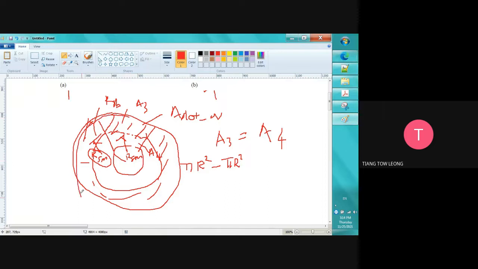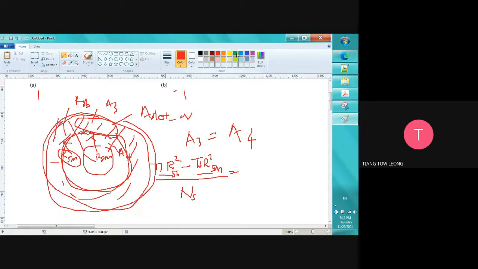So we use the big one minus the small one, which means pi r square minus pi r square, where the big one is RSB and the small one is RSM. Then I divide by the number of slots so that I can get this area. And then equals, same as well, we use the big one minus the small one: pi r square minus pi r square, divided by the number of slots as well.